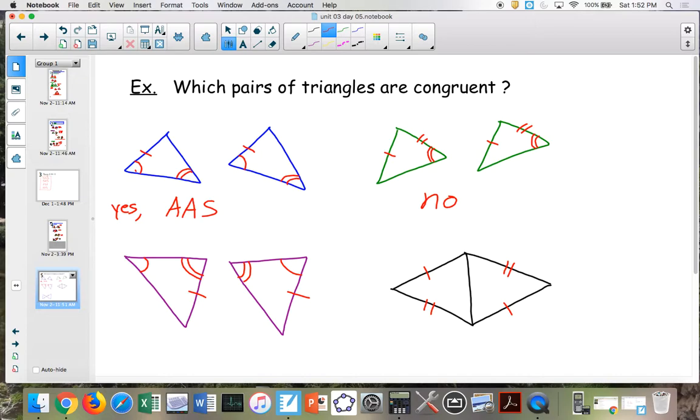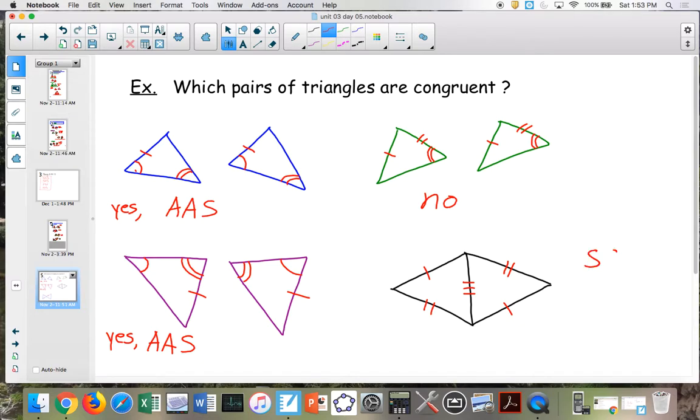Look at the purple triangles. Once again here we have two angles, and then a side that's not between the two angles. So yes, those two triangles are congruent by angle, angle, side. Look at this fourth picture with the black triangles. We know that that side's congruent to itself. It's a side for both triangles. So what do we have?